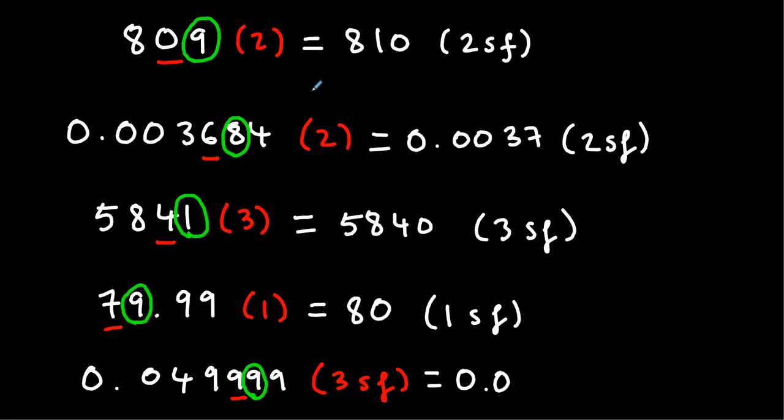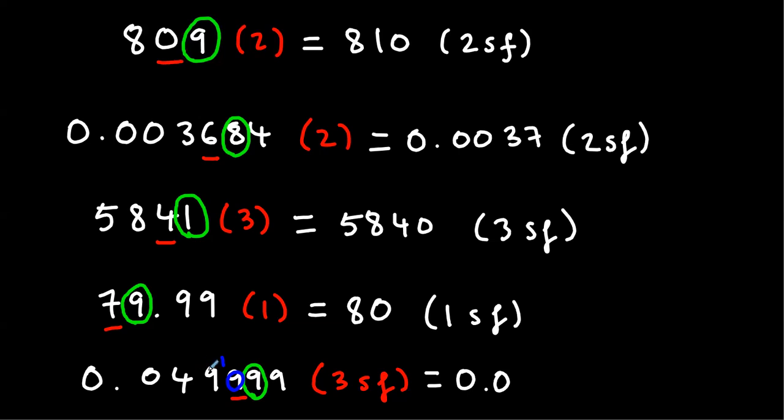Okay, let me explain this briefly. So when we add 1 to the 9, this becomes 10, but we can't write 10 as a digit. So we have to carry the 1, and then that becomes 0. And then the 1 carries over to the previous 9.